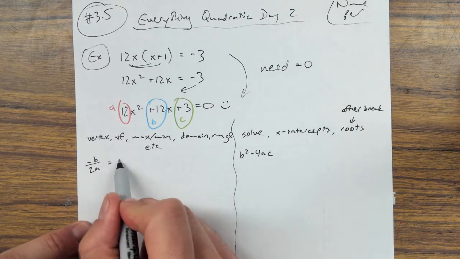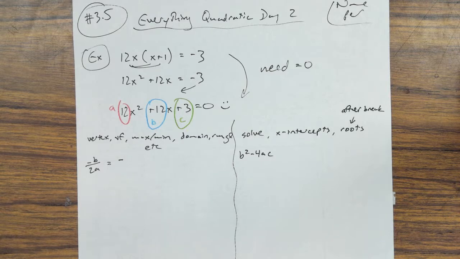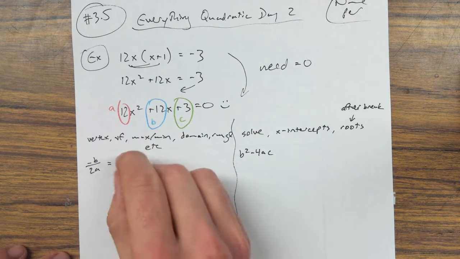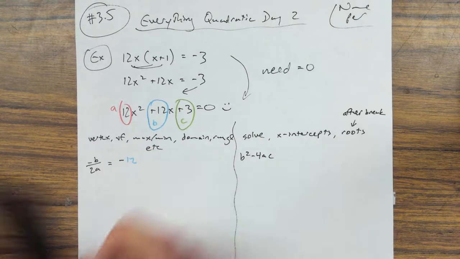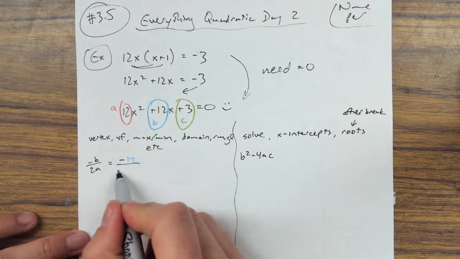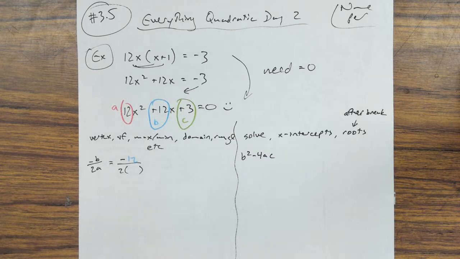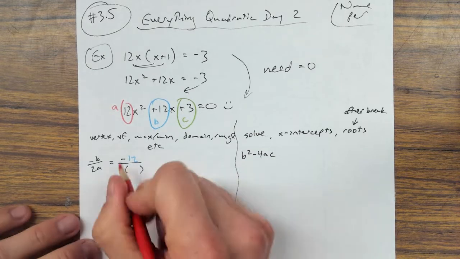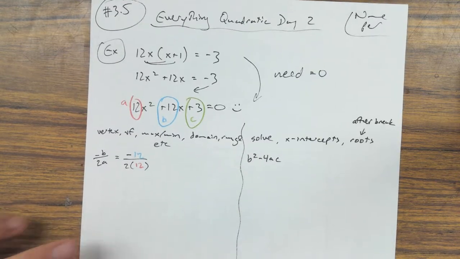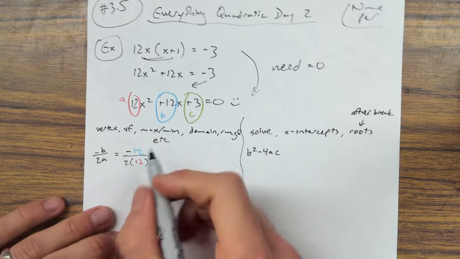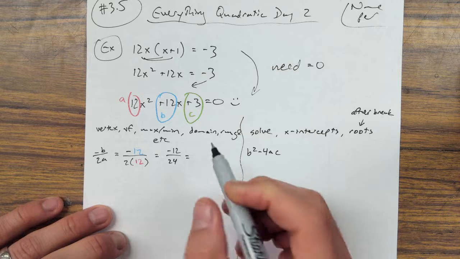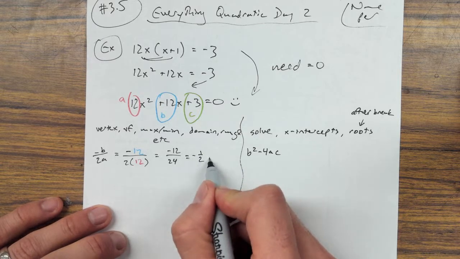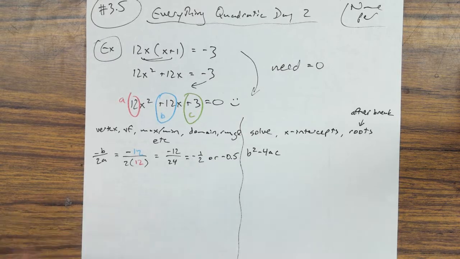So, negative B is 12 over 2 times the A number, and the A number is also 12. That just coincidentally happens sometimes. And so we're going to get negative 12 over 24, which is going to reduce to negative half, or negative 0.5.